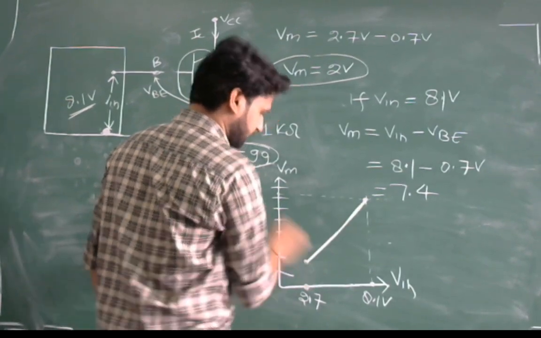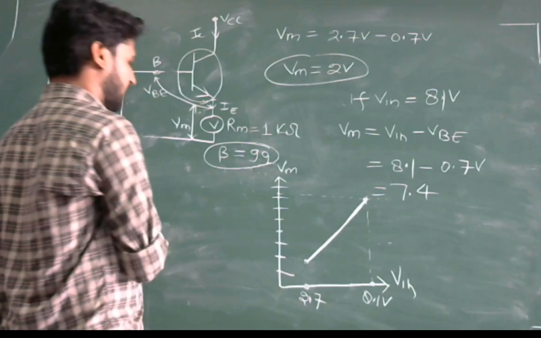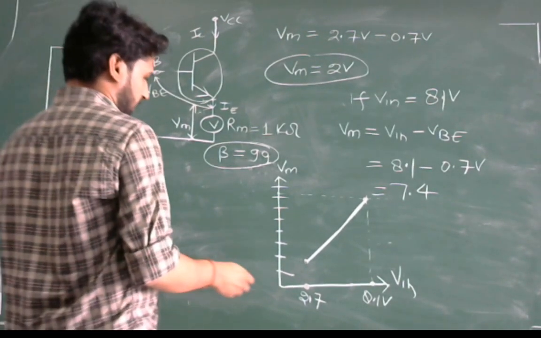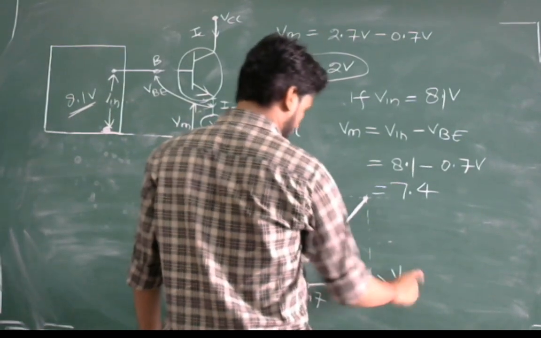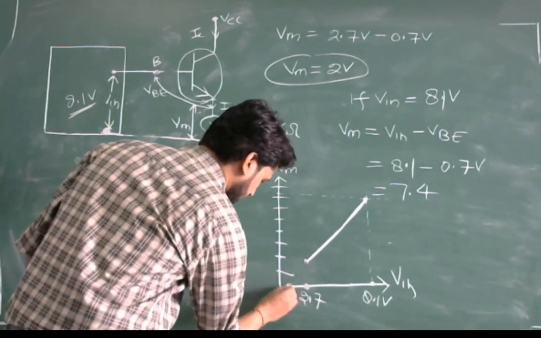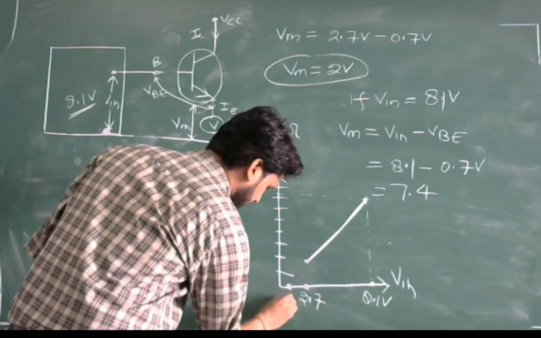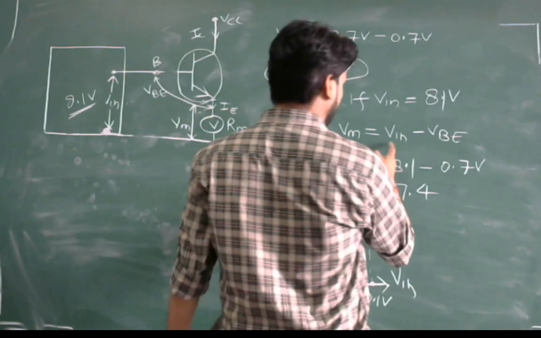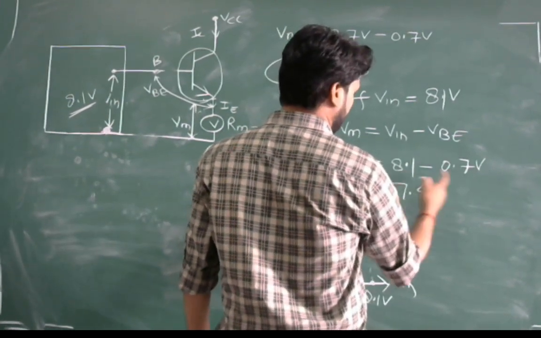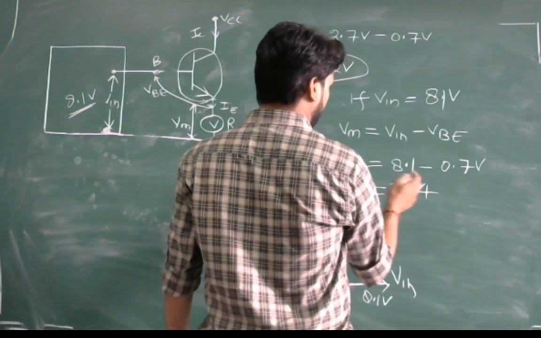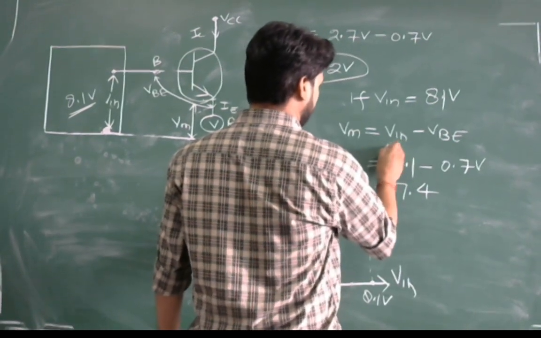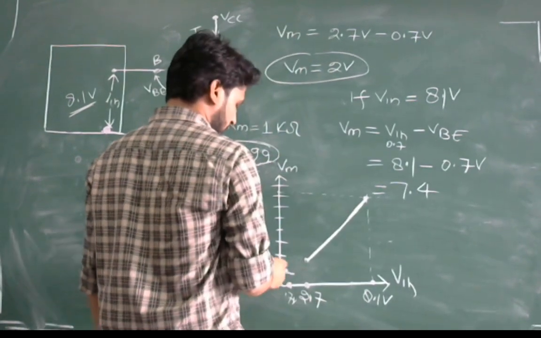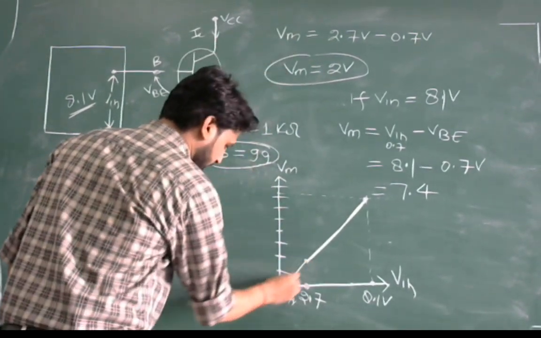We are getting a straight line, but consider the case when Vin is 0.7 volt. Vm will become Vin minus VBE, that is 0.7 minus 0.7, which means when Vin is 0.7 volt and VBE is also 0.7 volt, the value of Vm will be 0.